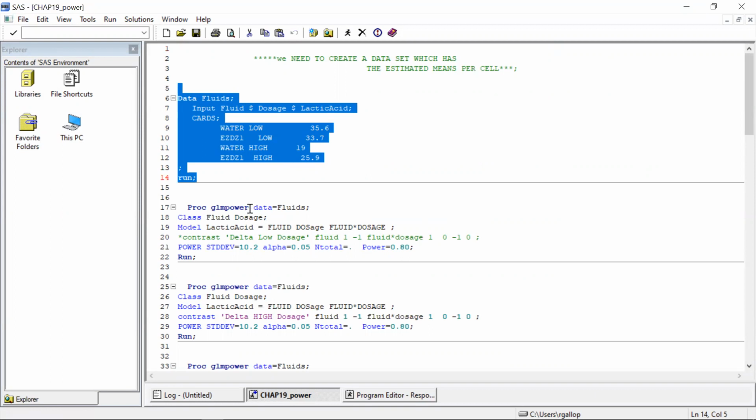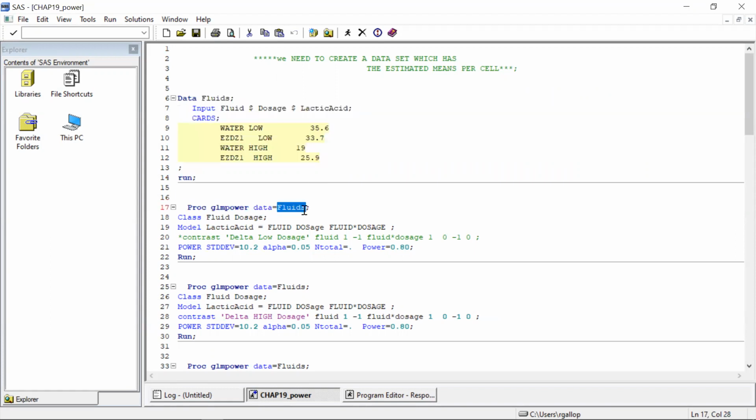But one of the things I found for the ANOVA models that actually calculate the power correctly is to load the cell means into a data set and bring the cell means into the data line of proc GLM power. That, coupled with the power command, will give you either the appropriate sample size for the given power, or the power for a given sample size.